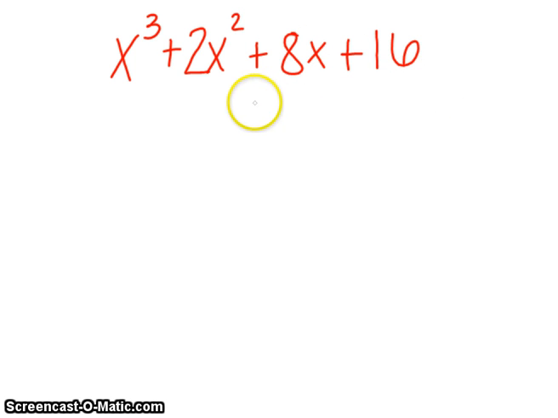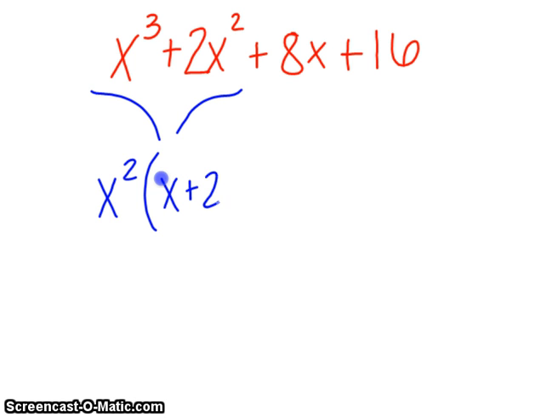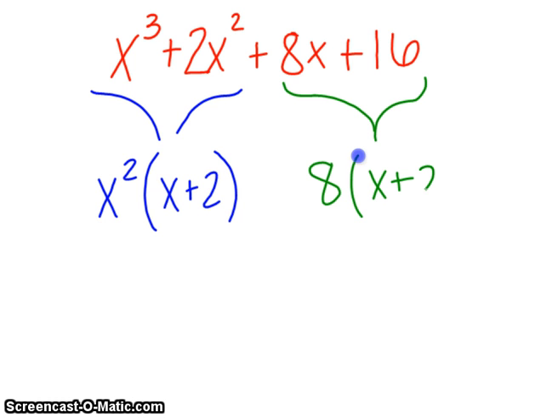So if I look at the x cubed plus 2x squared, I know that I could factor out an x squared term, and inside we would have an x plus 2. Over on the other side, I know from the positive 8x plus 16 that I could factor out an 8 and get x plus 2.